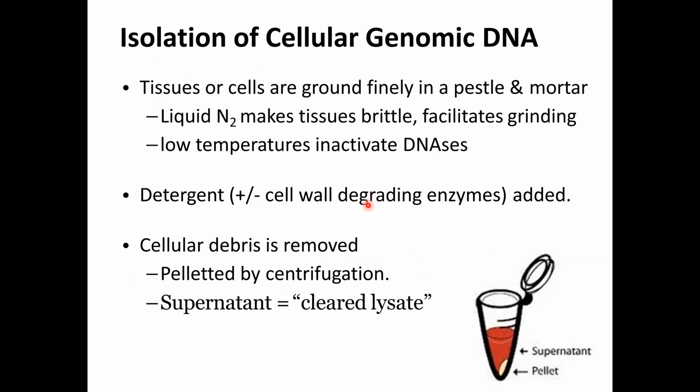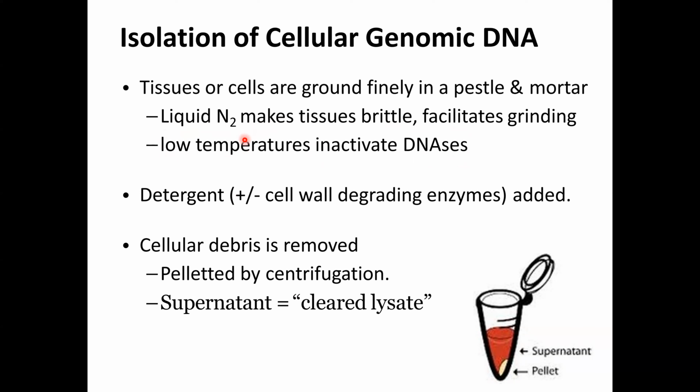For the isolation of cellular genomic DNA, the tissues or cells are ground finely in pestles or mortars. Liquid nitrogen makes the tissues brittle and facilitates the grinding. Also remember that to avoid degrading the DNA, you need to perform it under a low temperature.